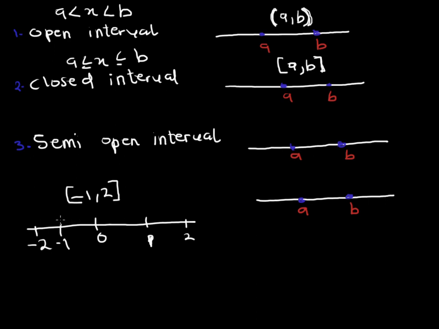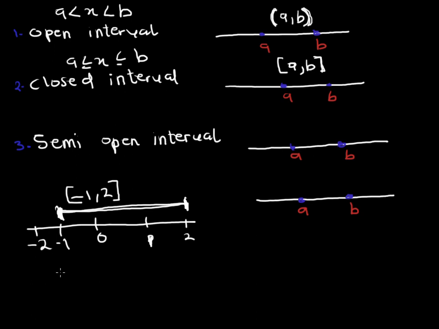Now this is just the opposite of the open interval. With this, we are taking values between the range -1 and 2, right? So all values within this range are considered, including -1 and also including 2. You get the point?